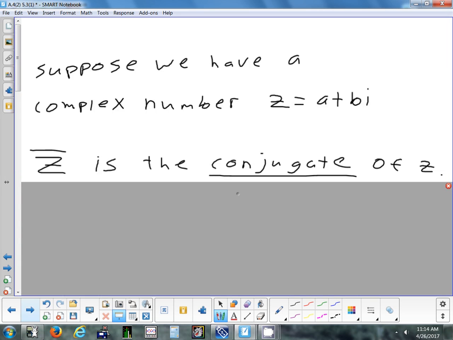In a problem, the a and the b would be actual numbers. So this symbol, when you put a z and you put a bar on top of it, that's the symbol for a conjugate. I still haven't told you what a conjugate is, but I'm showing you the symbol for it first. So if you see a letter with a bar over it, that symbol means conjugate.